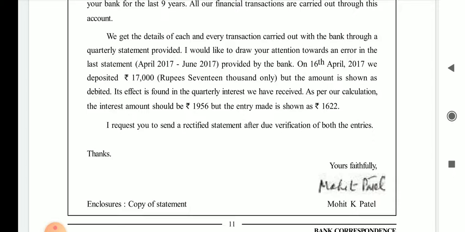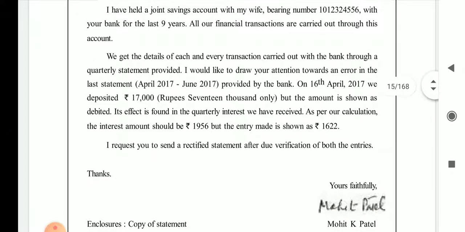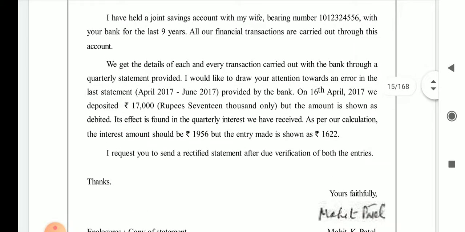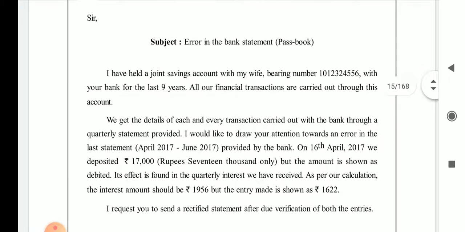This is a quarter, that means 3 months, April, May and June. During these 3 months, what type of and how many transactions they have done, they get the statement for the same.